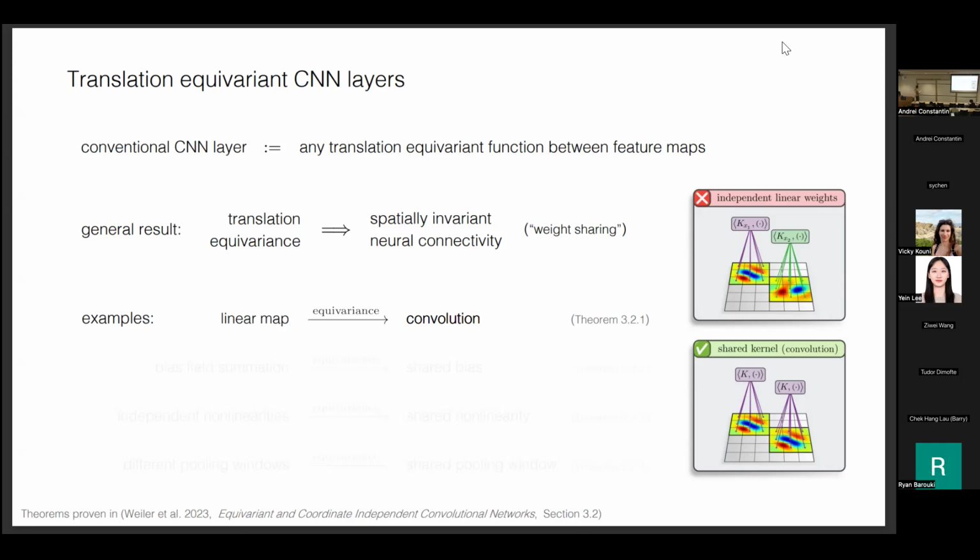Okay, so convolutions as translation equivariant maps.